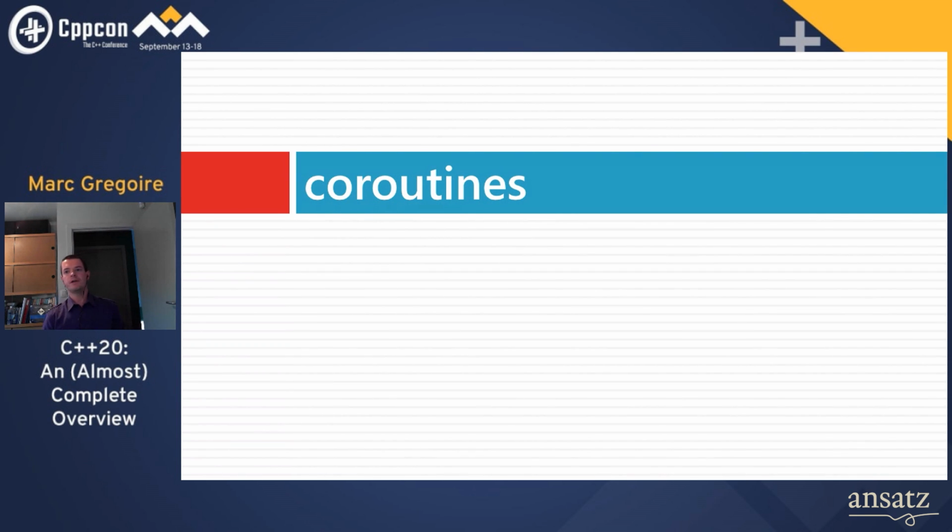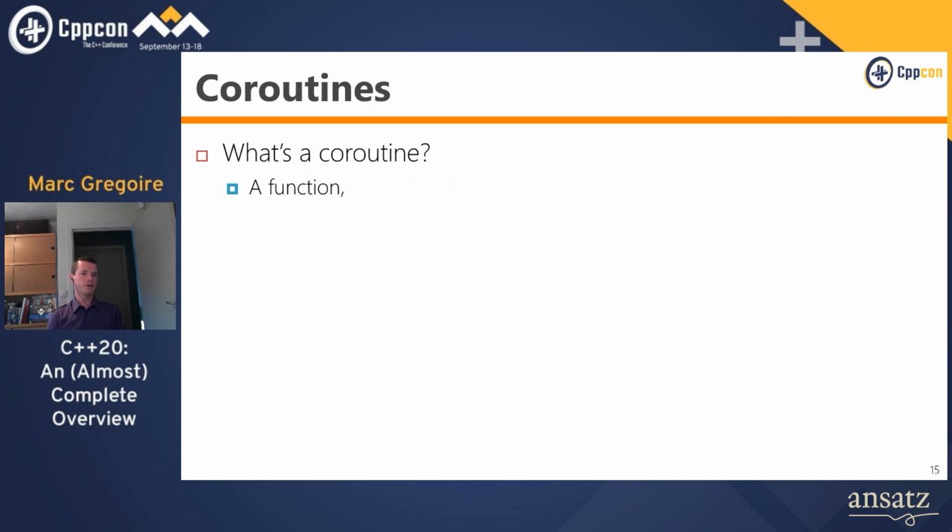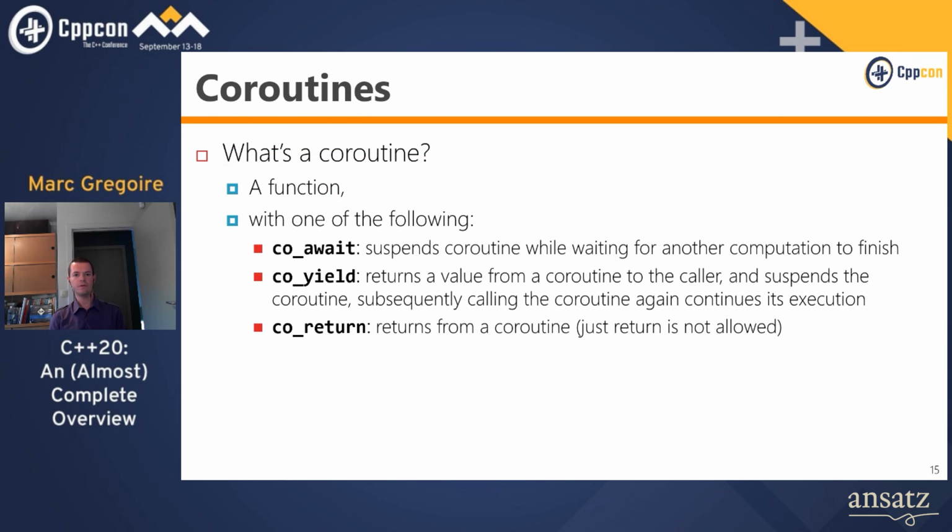The third major feature is coroutines. What is a coroutine? A coroutine is a function, but not just any function. It's a function that contains one of the three keywords: co_await, co_yield, or co_return. Co_await suspends my coroutine while it's waiting for some other asynchronous computation to finish. Co_yield returns a value from my coroutine back to the caller.